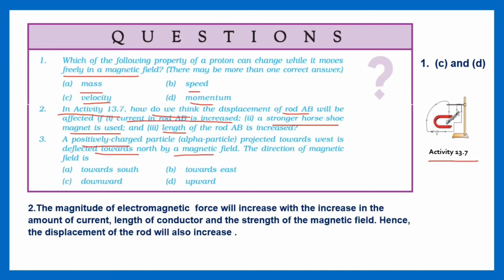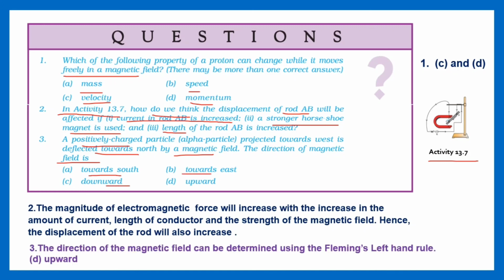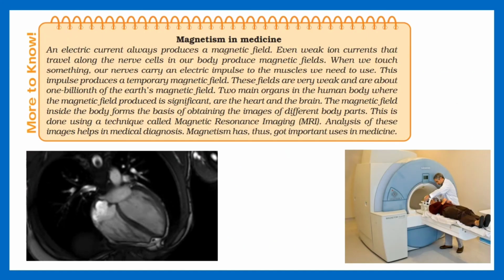The direction of the magnetic field is towards south, towards east, downward, or upward. The correct answer is upward direction, and this direction we can find by using Fleming's left hand rule.